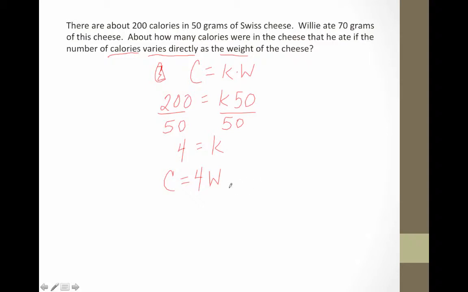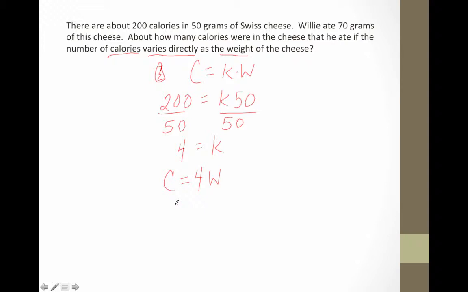So the question is, if he eats 70 grams, so that's a weight, and in the same units as the 50, which is something you're not likely to have to worry about during courses, but you might in your life. We need them to match. So the question asks, how many calories were in the cheese that he ate?